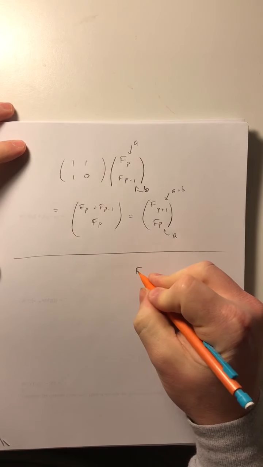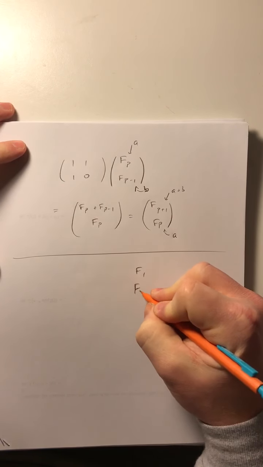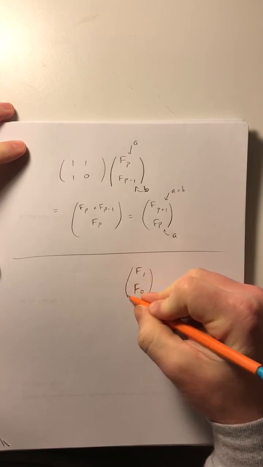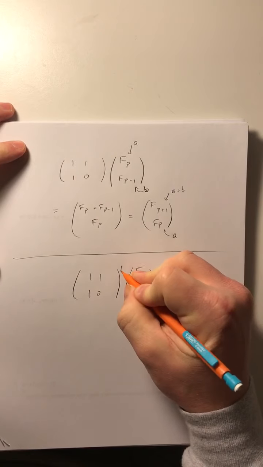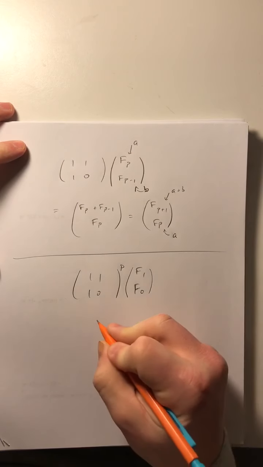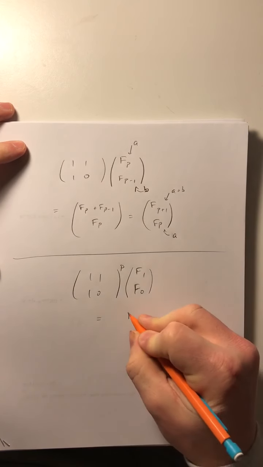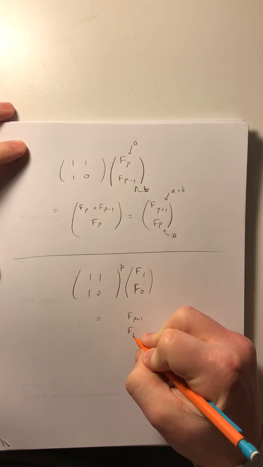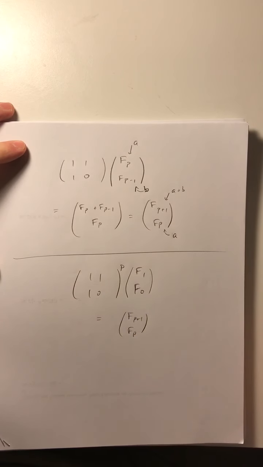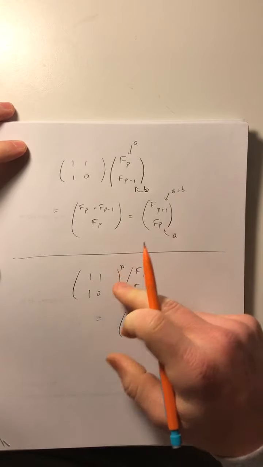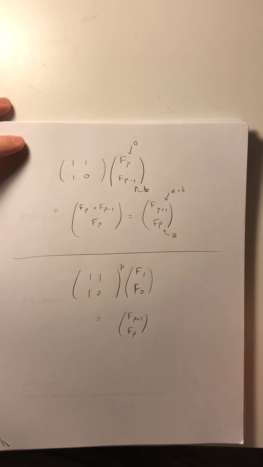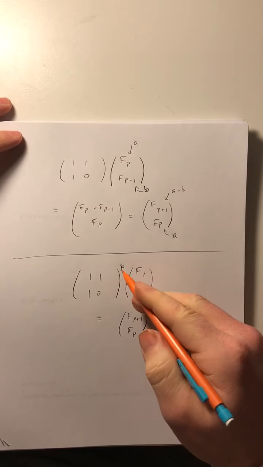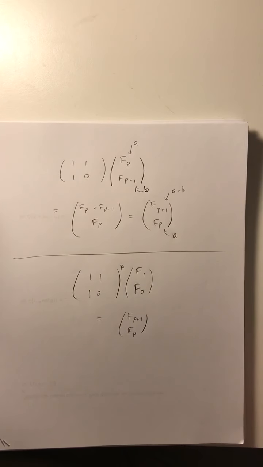So, if I start with, say, F1, F0, and then multiply by [1, 1; 1, 0] P times, I'm going to get F of P plus 1 and then Fp. Every time I multiply by this matrix, it's going to shift.